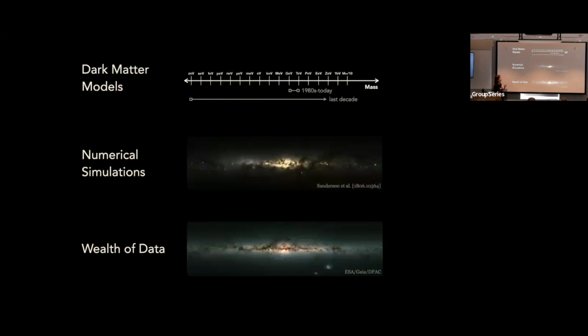While many decades were spent thinking about dark matter models in this mass range here, these days, with a lot of additional model building, we really are starting to think about dark matter scenarios that span a much larger mass range. I'll talk about this in quite some detail later on in the talk.